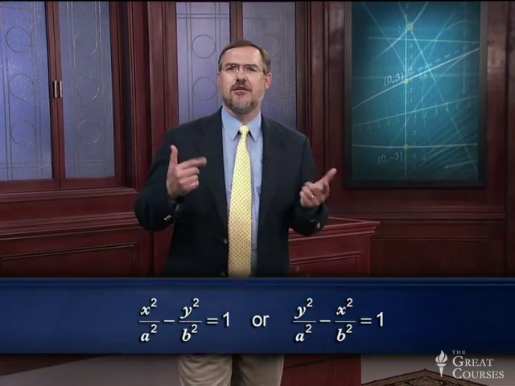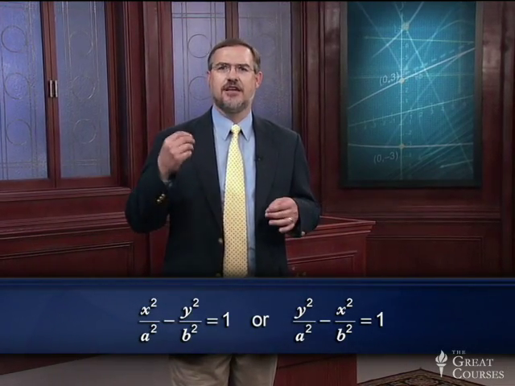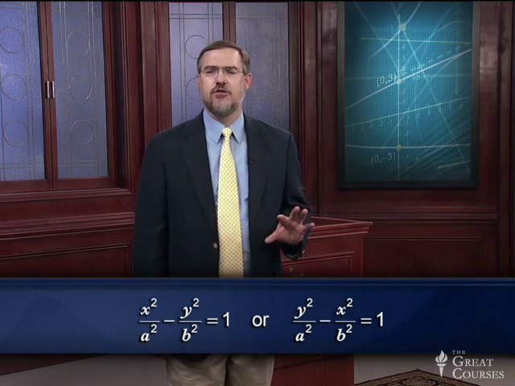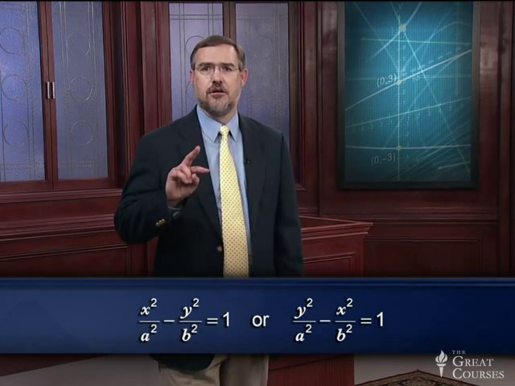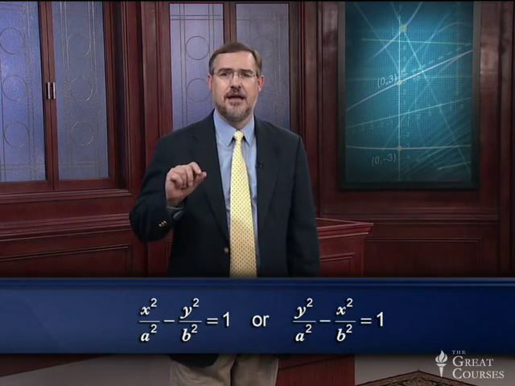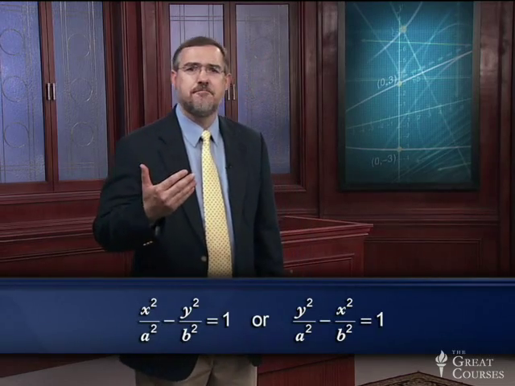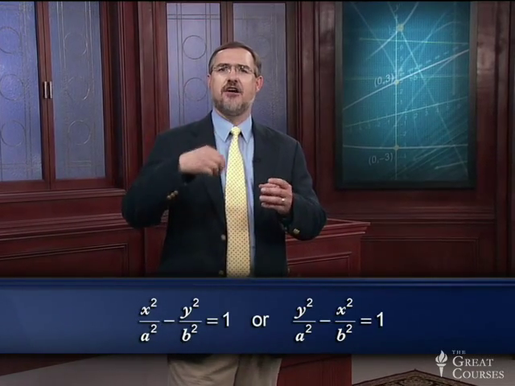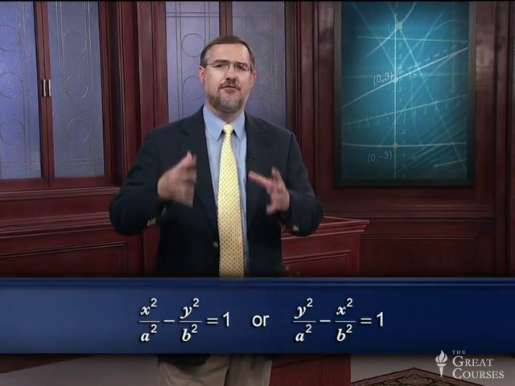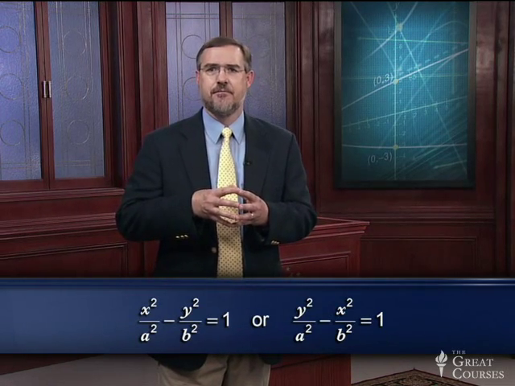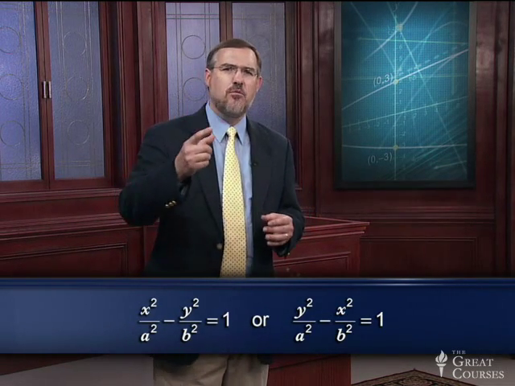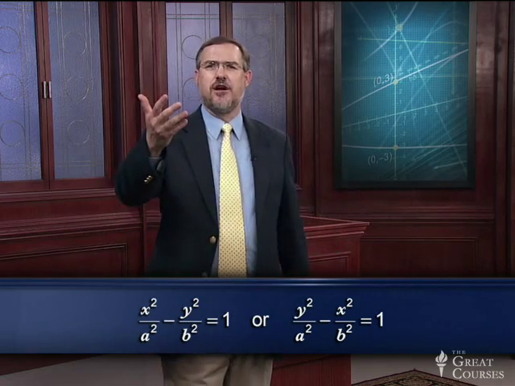So the a and the b are going to be numbers. You'll have an x squared and a y squared floating around. Notice that both of them are squared, not just one of them. And from an equation point of view, you always have a subtraction in there if you've written the thing in standard form. Okay? Now, you might be wondering, what's the difference between the two equations you just told me?